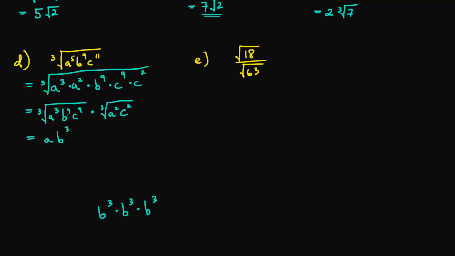Since the cube root of b to the power of 9 is b cubed, then the cube root of c to the power of 9 is c cubed as well. So this simplifies to a times b cubed times c cubed times the cube root of a squared times c squared. So that one was a little bit tricky.